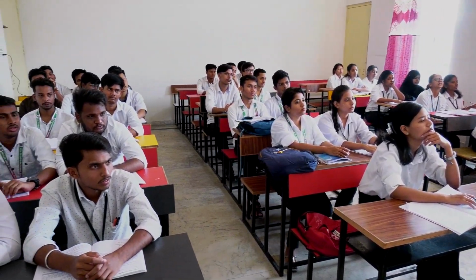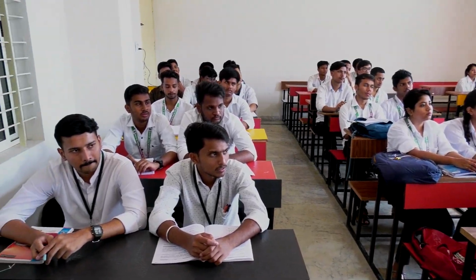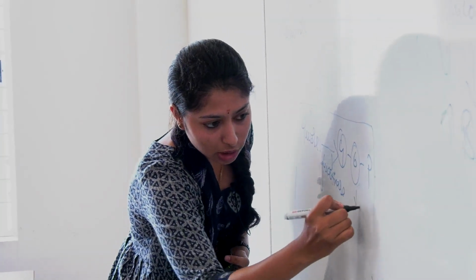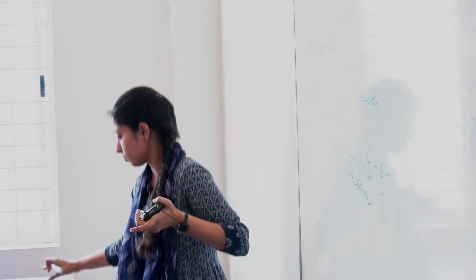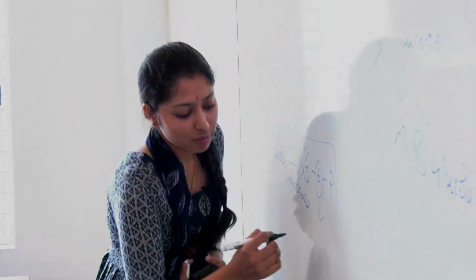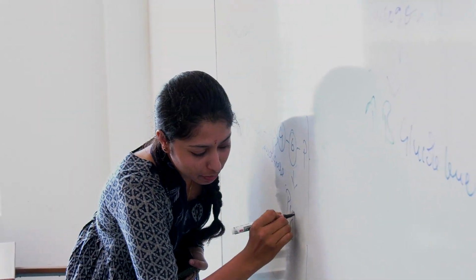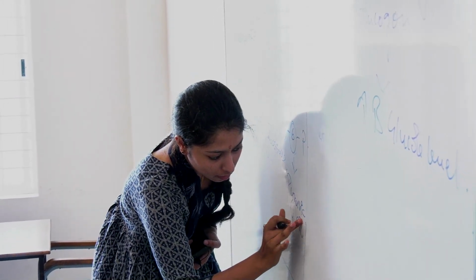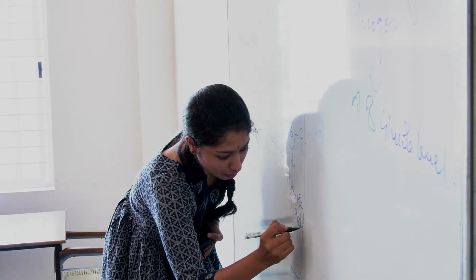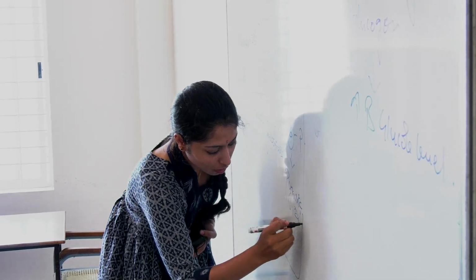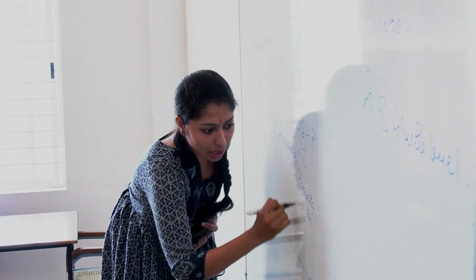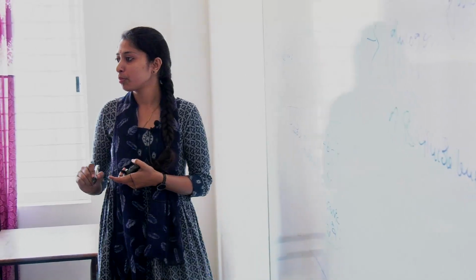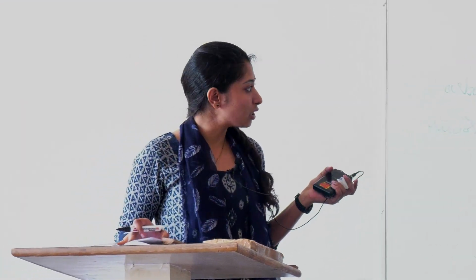Glucose 6 phosphate with the help of. So again this glucose 6 phosphate is converted to pyruvic acid. Okay. So where pyruvic acid will form?